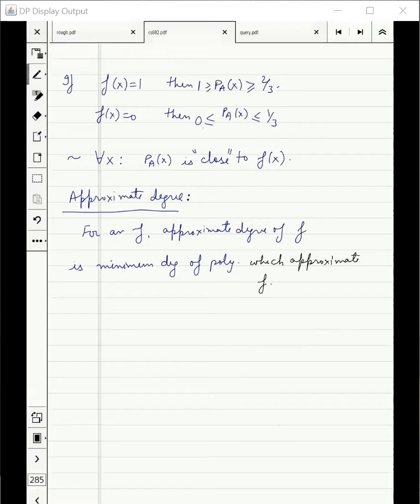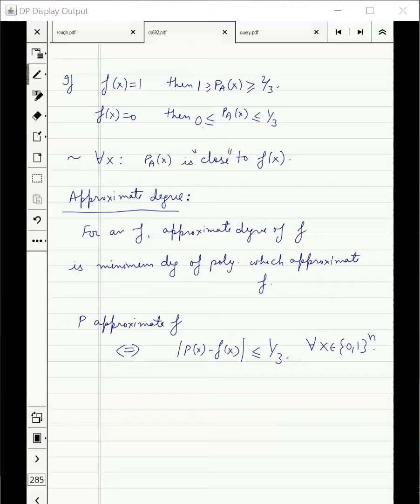What does it mean that a polynomial p approximates f? This is the same as saying that the value of p and the value of f are very close, within some epsilon, let's say, let's not worry about epsilon, let's just say 1/3 for all x. This is when we will say that a polynomial p approximates f.